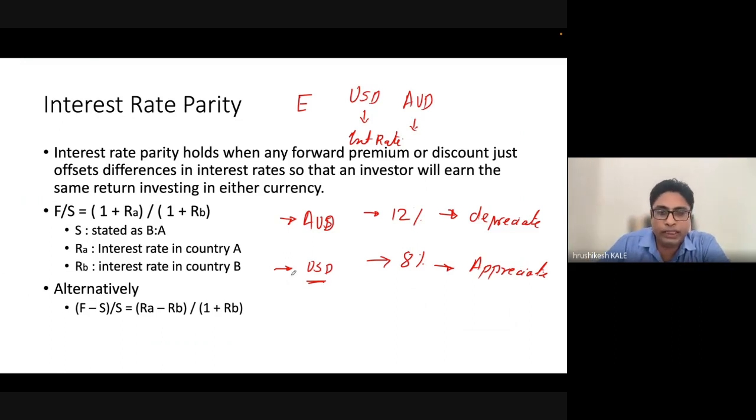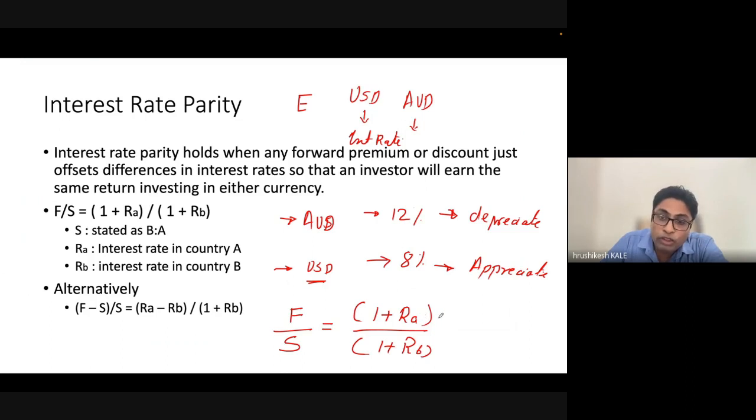Now, what they are saying is that the relationship between forward rate and spot rate of any currency is dependent on the interest rates of these two currencies. So which currency should we take in the numerator and which in the denominator? Always remember, the base currency should be in the denominator and the price currency should be in the numerator. So the interest rate of the price currency should be in the numerator and the interest rate of the base currency should be in the denominator.